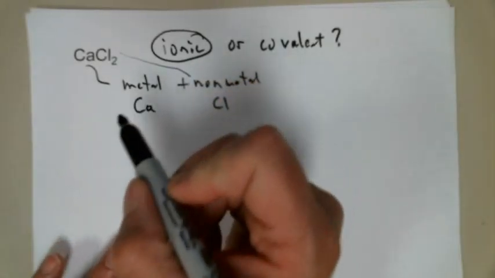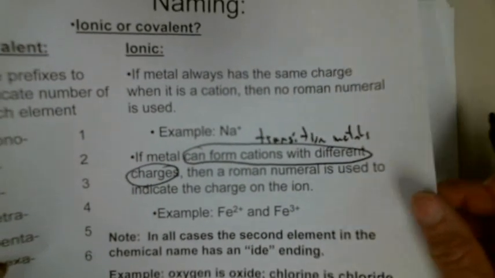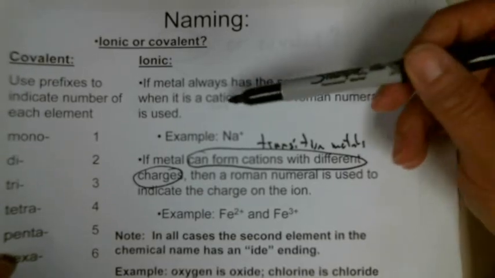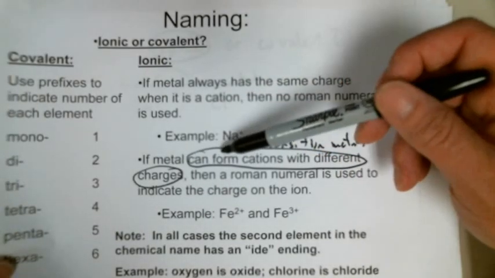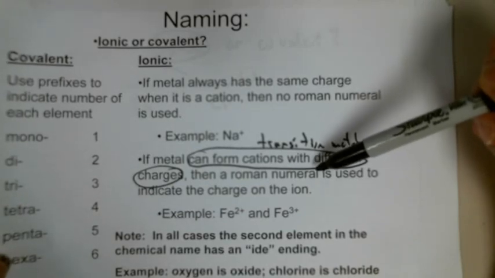And then the next question: does this metal always have the same charge when it's a cation, or can it form cations with different charges in different substances?